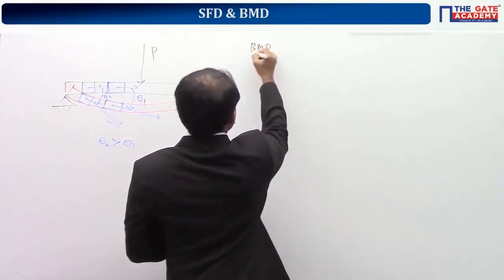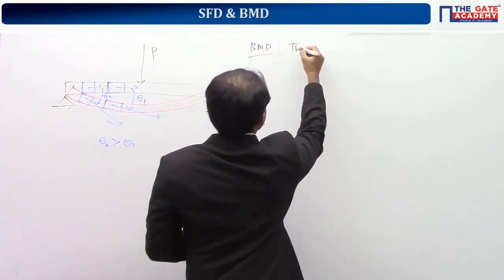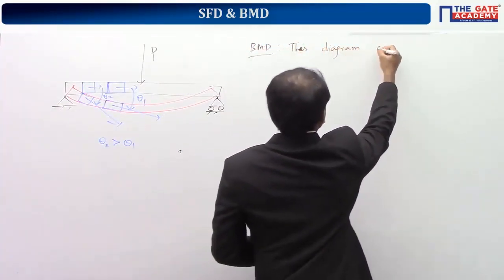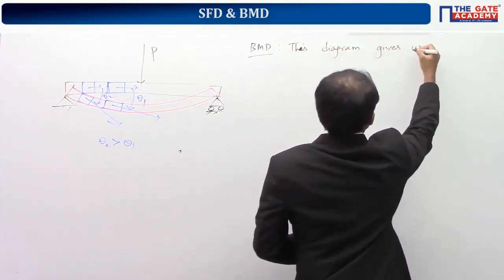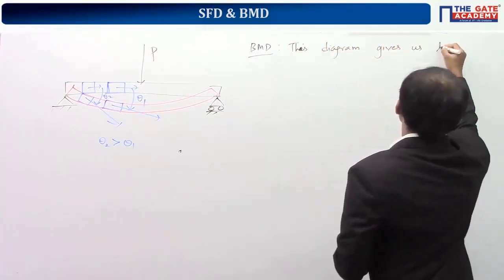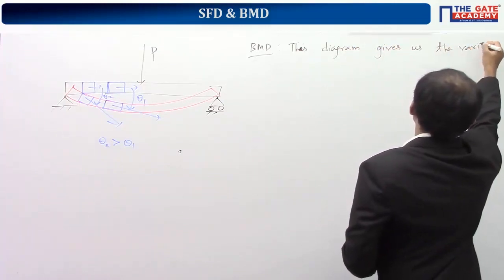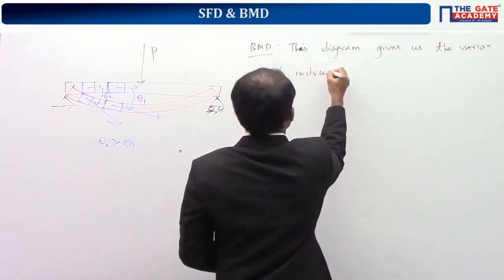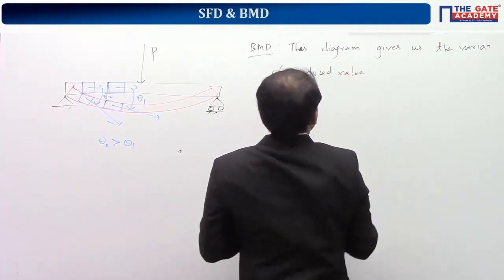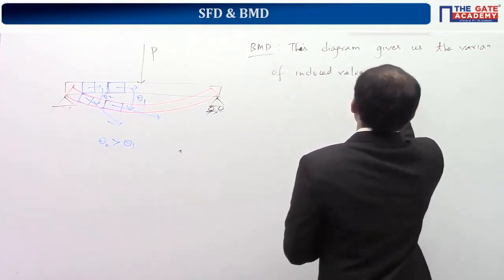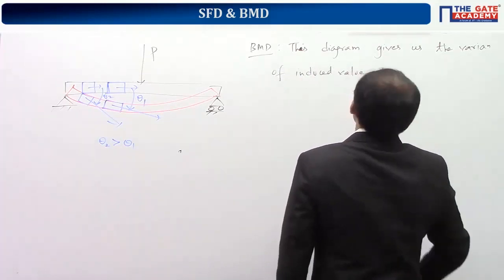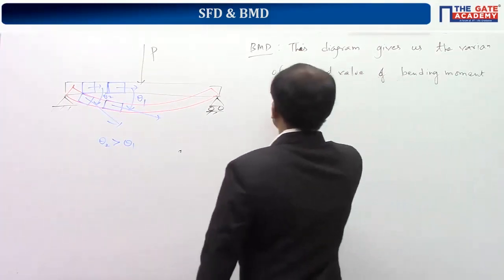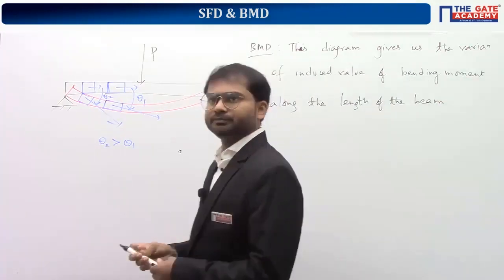So bending moment diagram: this diagram gives us the variation of induced value of bending moment along the length of the beam.